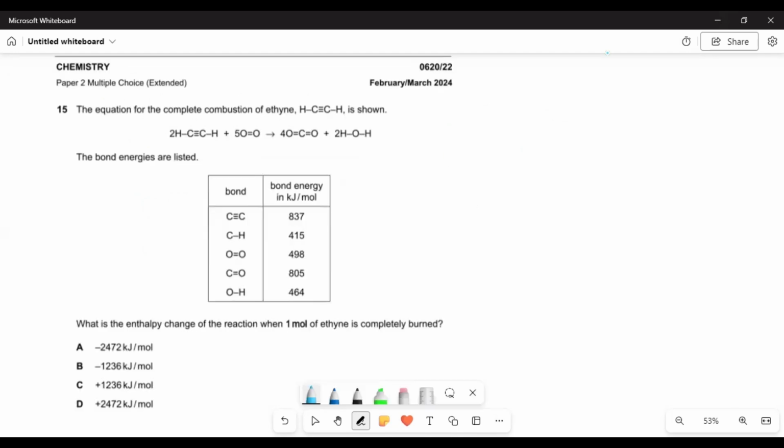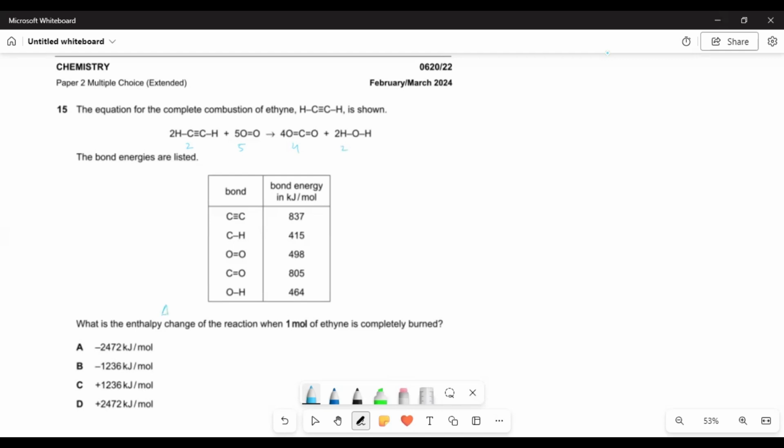Now this is question number 15. The equation for the complete combustion of ethane is shown here. It shows that 2 moles of ethane is reacted with 5 moles of oxygen to produce 4 moles of carbon dioxide and 2 moles of water. The bond energies are listed here. And what is the enthalpy change?